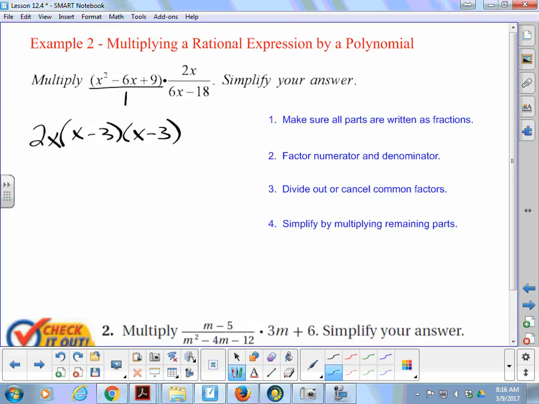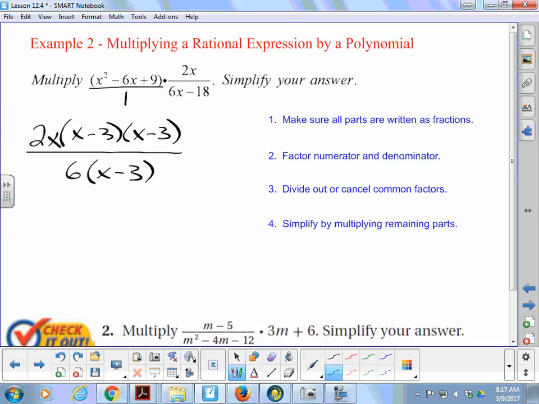Makes it easier for me if they're in front. Okay. The denominator, I have 1 times 6x minus 18. The 6x minus 18, they both have a 6 in common, so we'll factor out the 6, and we're left with x minus 3. So we have it all factored.